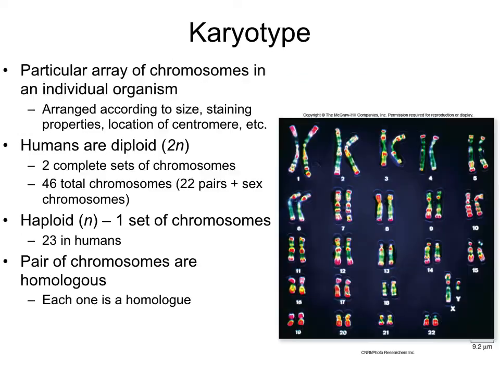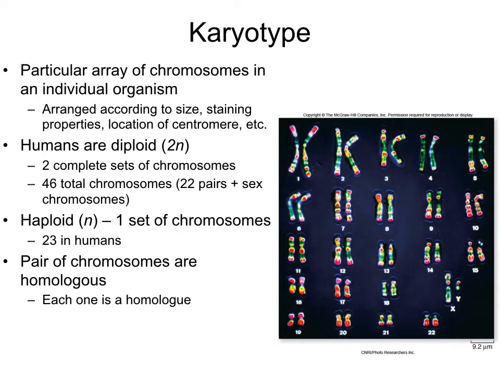All right, eukaryotes. Here's a picture of the karyotype of the human chromosomes. A karyotype is just a picture of the chromosomes arranged by size. And here, what we really have is chromosomes arranged in pairs. Eukaryotes have pairs of chromosomes.